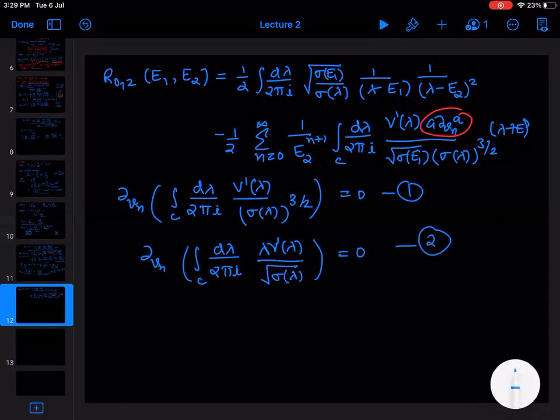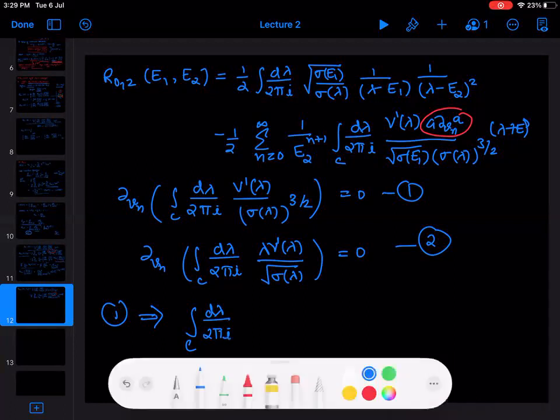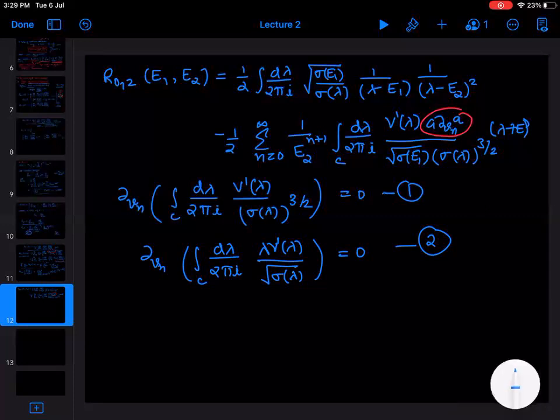So from equation 1, what we get is, actually I think it's not necessary to write all the details, so I'll just write the final thing. You can just operate this derivative on V of lambda and sigma of lambda, and you'll get two equations.